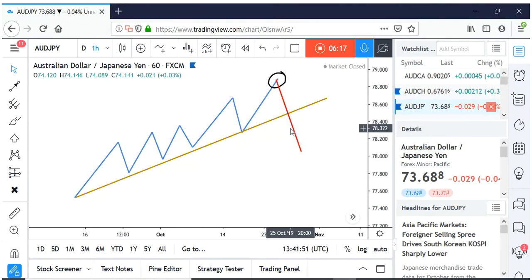Why? What the bank traders have done is just take profit from this move up. Once they've taken the profit, the market moves down, and then we start selling, believing the trend has changed.